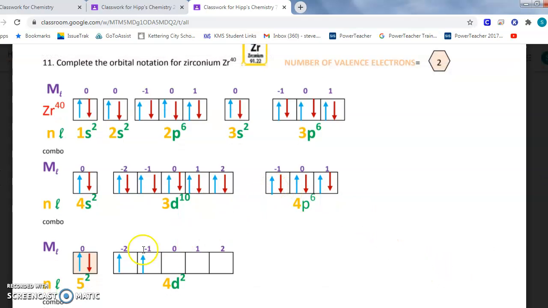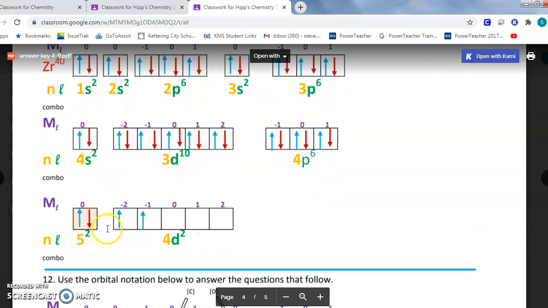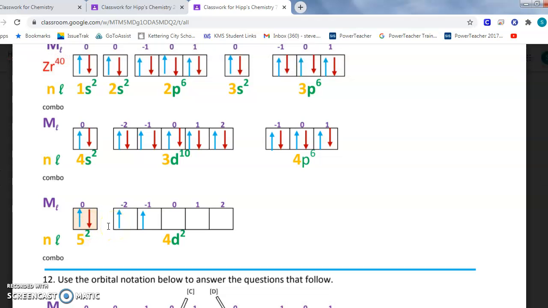And what we really found out was for zirconium, once we learned to read the periodic table of elements, what really mattered was the 5s2 4d2. All of this other stuff was not super significant in determining the properties and behaviors of zirconium, or where we would find zirconium on the periodic table of elements.